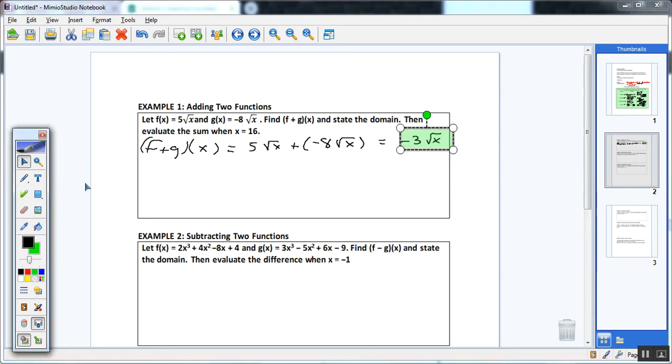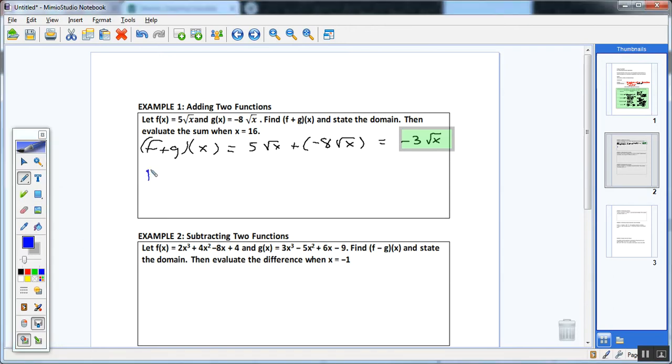Okay. Then the next thing they ask you to state is your what? Domain. A couple different ways I can look at this. First of all, kids, we're dealing with square root of x. And when we're dealing with square roots here, kids, what numbers do we not like as a radicand?